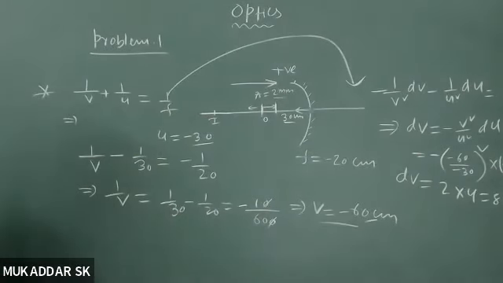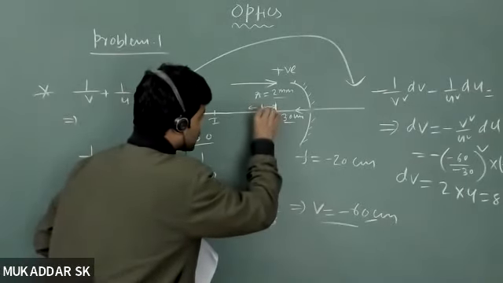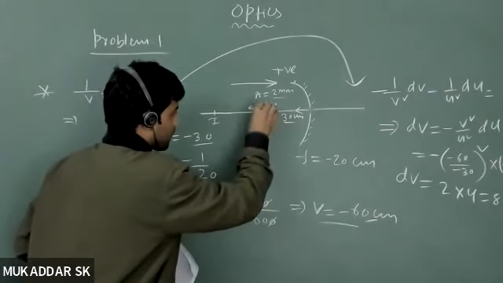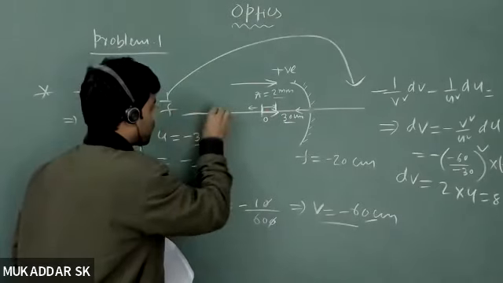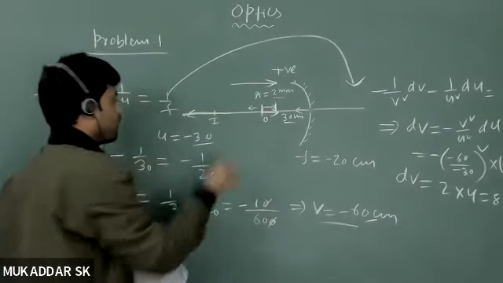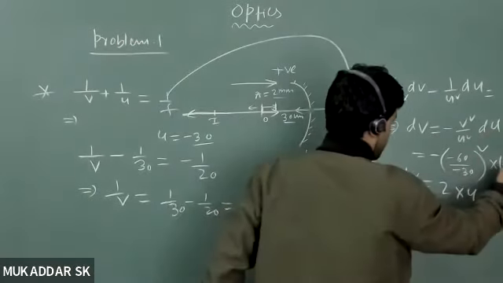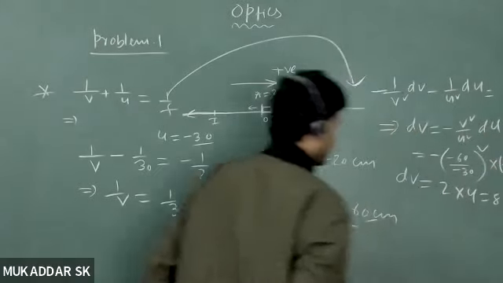So from here, what I can say, that when your point object is going from mean position towards mirror, your image is actually going from mean position away from the mirror, right? Because du was actually minus 2, but dv you are getting plus 8. So there is a change in sign, right?